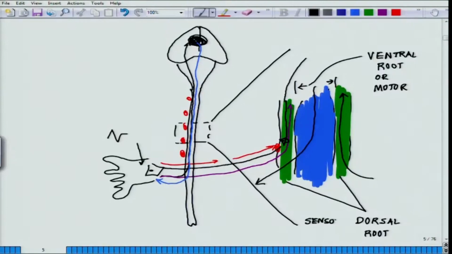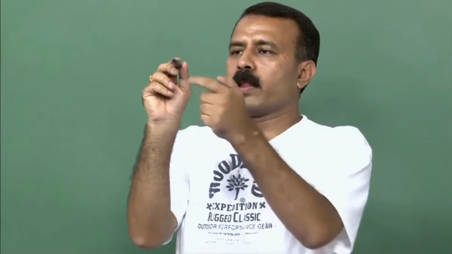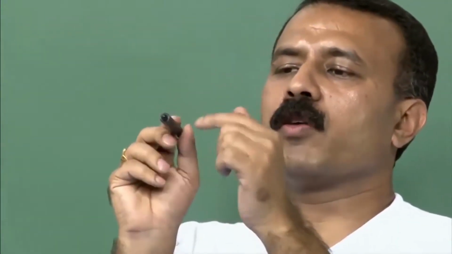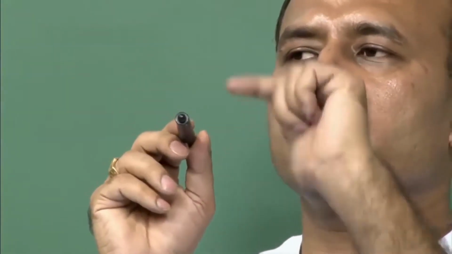Sensory pathway and motor pathway, as the name indicates, sensory pathway sends the signal to the brain. And if I had to draw a cross section, just imagine, look at this. If you see the tip of the cross section, this tip is your ventral pathway, which is bringing the information, and this periphery what you see is the dorsal pathway.